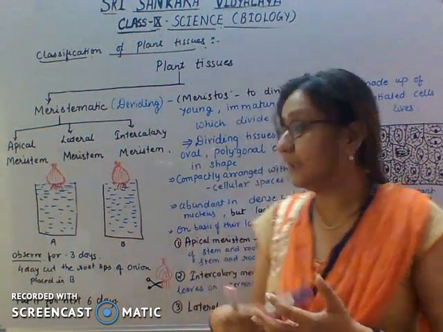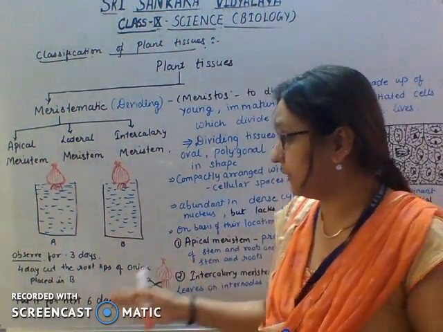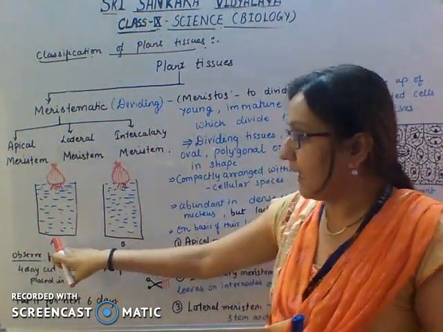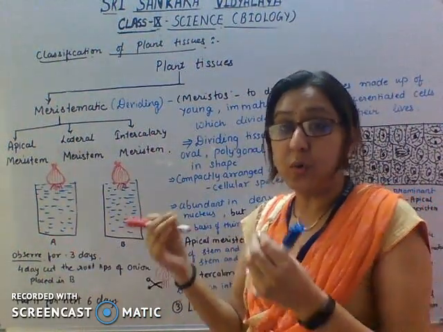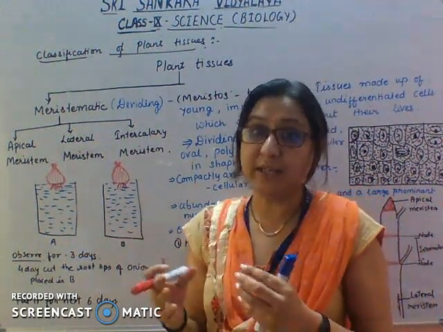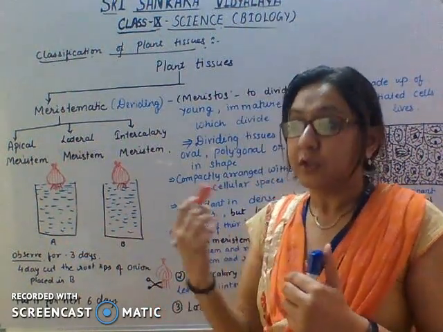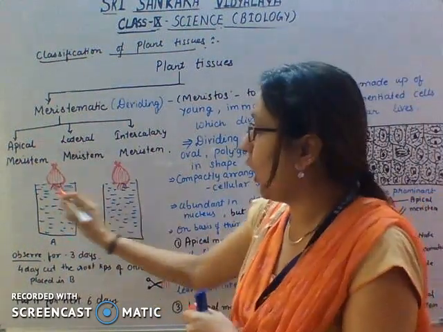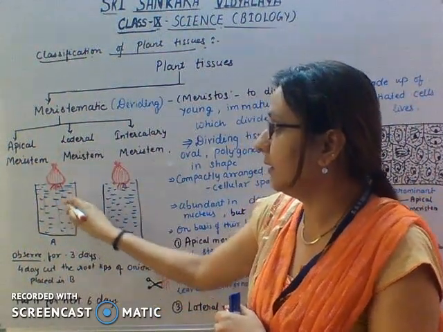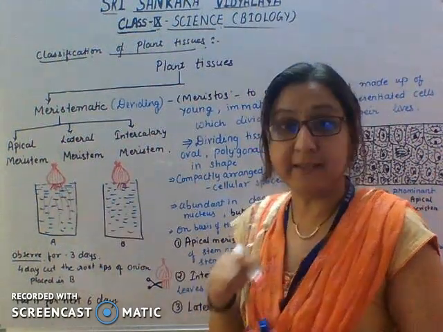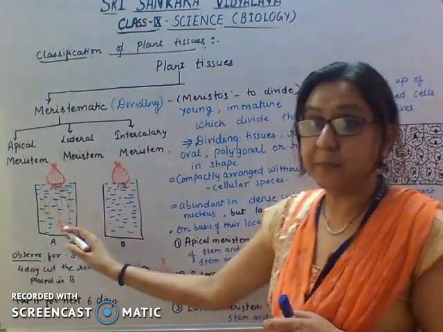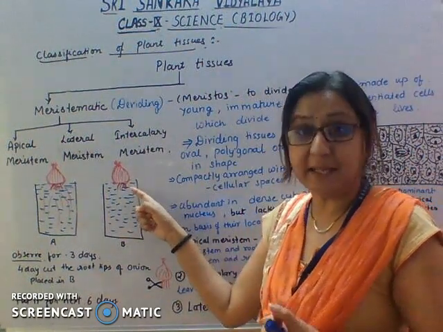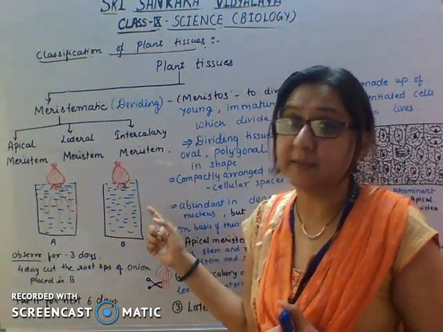After 6 days, you will see that in beaker A the growth of the root is faster. You can see the long roots in the beaker. But in the other beaker, does the growth of the root take place?